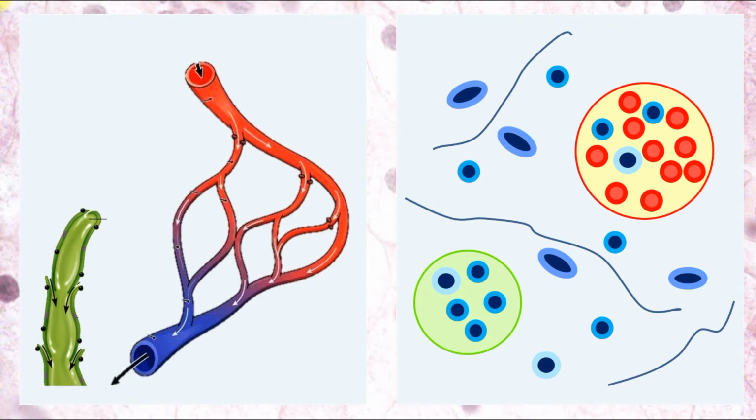So let's look where do we have lymph and how lymph is developed. Here you can see microcirculation. There are blood vessels, arteriole, capillaries, and venule, and they provide circulation in the connective tissue, for example. And here we can see lymphatic capillary. It has a blind end.